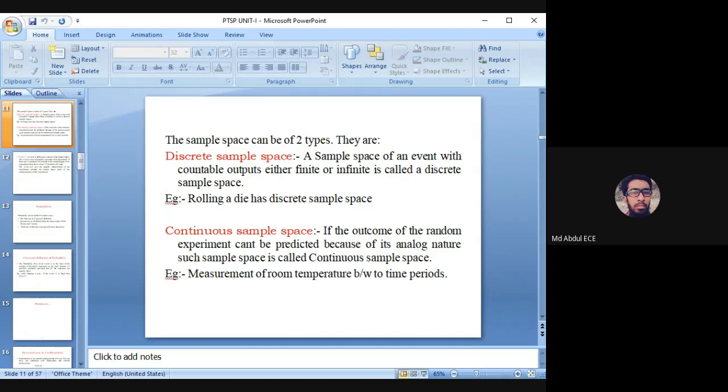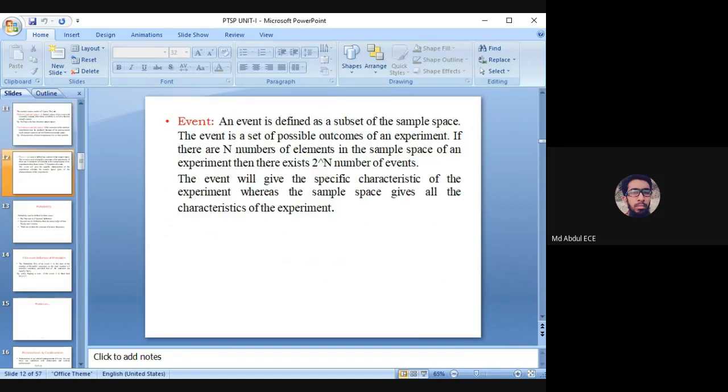If I cannot predict the output because of its analog nature, such a sample space is called a continuous sample space. A very easy way of remembering these two types: if the sample space is discrete, we call it a discrete sample space; if it is continuous, we call it a continuous sample space.